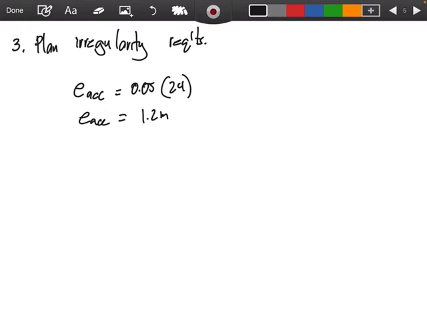So, the corresponding initial most severe torsional shears using the accidental torsion of 1.2 meters. Okay, so next thing is we're going to get the corresponding initial most severe torsional shears.